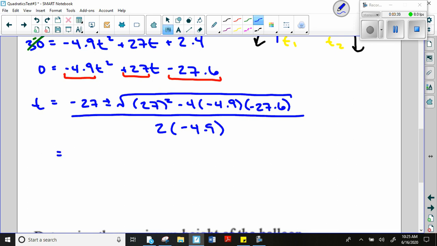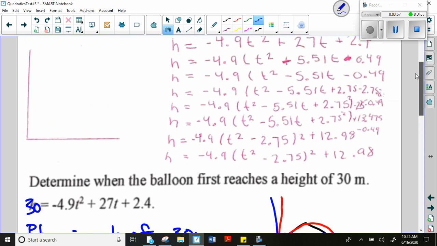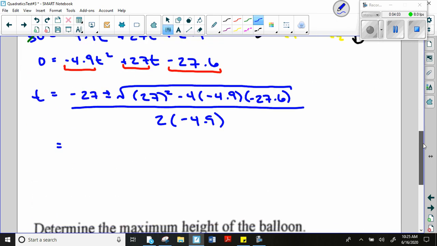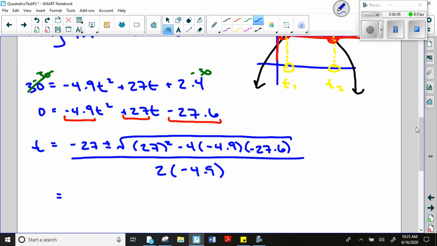Gross. So I'm just going to use my calculator skills of awesomeness, and I'm going to solve that whole square root to a decimal place. Did they give us how much they want? Show your work. The question gave us 1 decimal place. We'll use 1 decimal place.